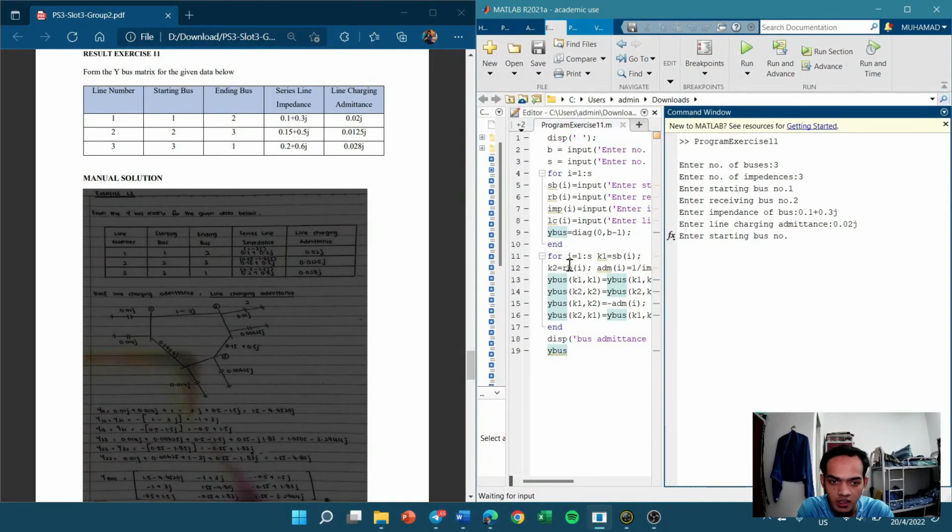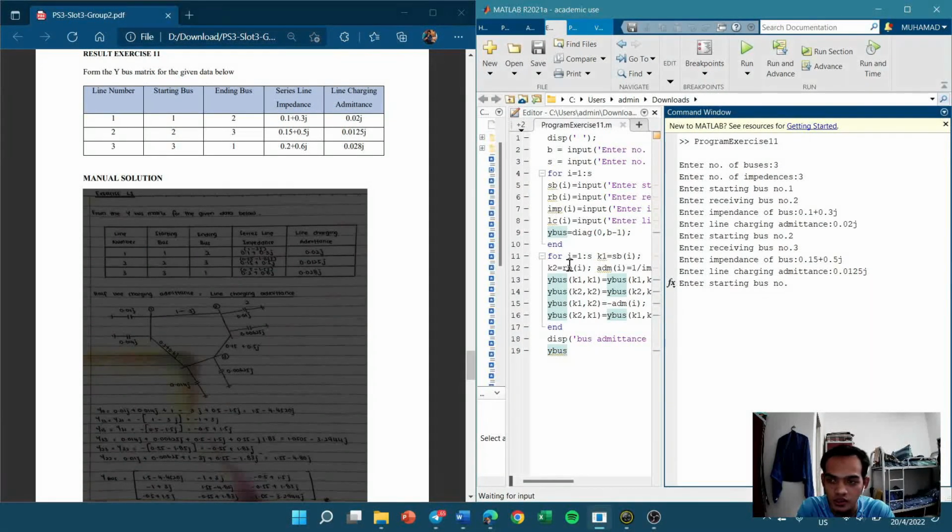For the second line, the starting bus is 2, the receiving bus is 3, the line impedance is 0.515 plus j0.5, and the line charging admittance is 0.0125.